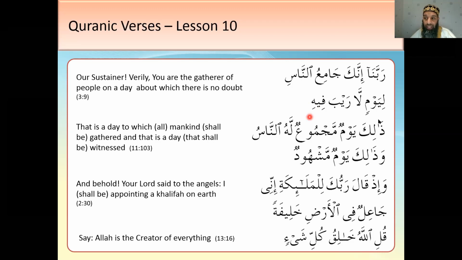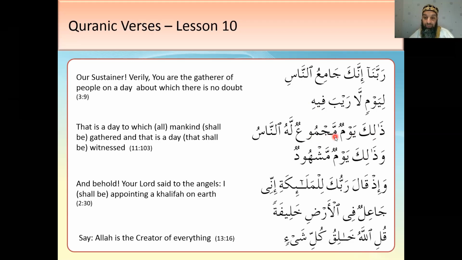Dhalika, look at this one. Dhalika, that is yawmun, a day. Majmu'un, so that's the maf'ulun pattern.